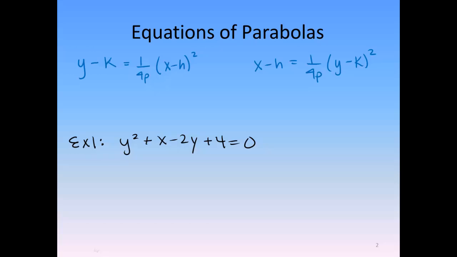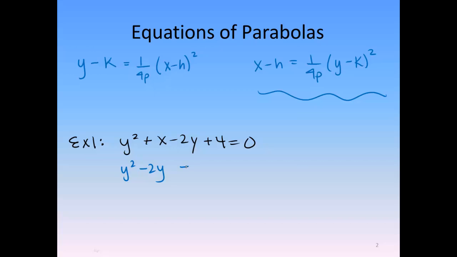So for this first example, I've got y squared plus x minus 2y plus 4 equals 0. And so I recognize that my y is the term that is squared, so I'm going to be writing this in the form that looks like our second one up here. So this is how it's going to end up. And as I go ahead and do that, I will have y squared minus 2y, and I'm going to move the x and the 4 to the other side.